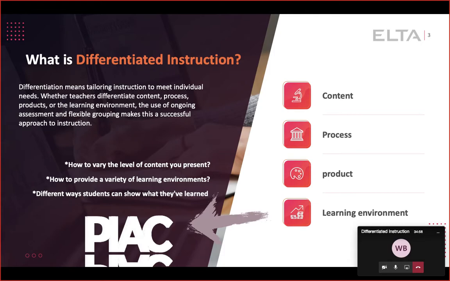These three elements of the learning process are very important, and they should be considered as part of planning instruction in every single lesson you teach. This means you need to consider the readiness of your students, their interests, their motivation, and at the same time, their learning profiles.